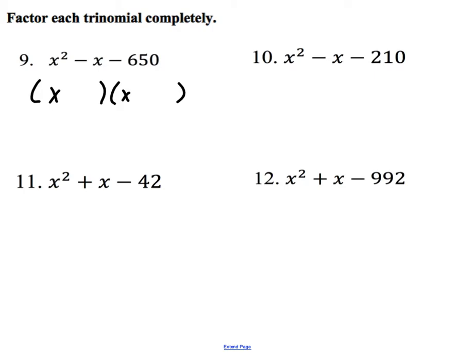That might help you out a little bit better here. So if you take the square root of 650 there, that might give you a better idea of how to do those. But I'm going to stop there for now.